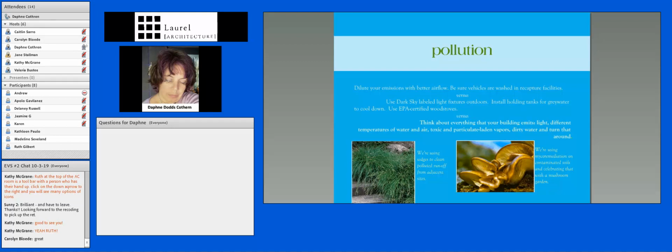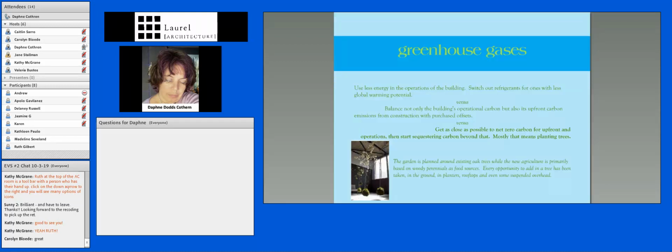It might be a technical thing, it might be a biological thing. I wanted to make the point in looking at pollution from a regenerative standpoint that there are a number of different types of pollution too. It's not just the chemicals that you think of being dumped in a river, but light pollution, noise, and big temperature changes are also kinds of pollution in that they can be extremely harmful.